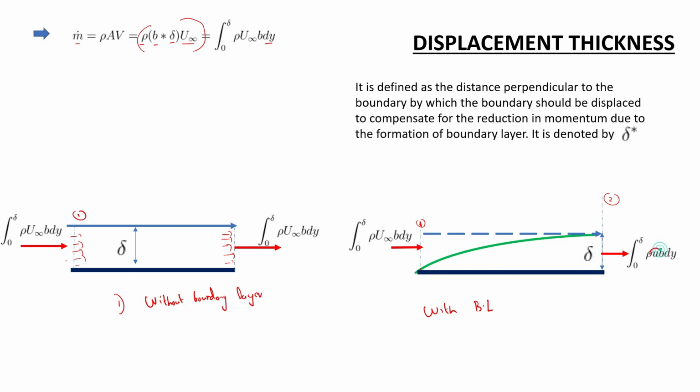Note that at section 2, the velocity is u, it is not u infinity. Velocity is small u, because of the formation of the boundary layer, velocity here gets reduced. On the top it is u infinity, but inside the boundary layer the velocity is u, and this u is less than u infinity.